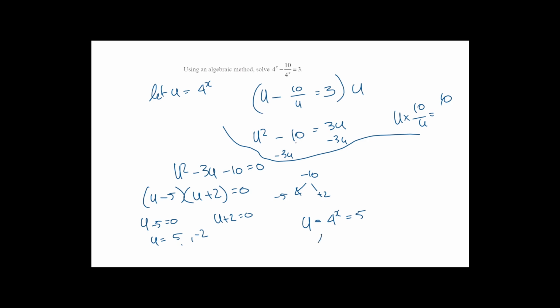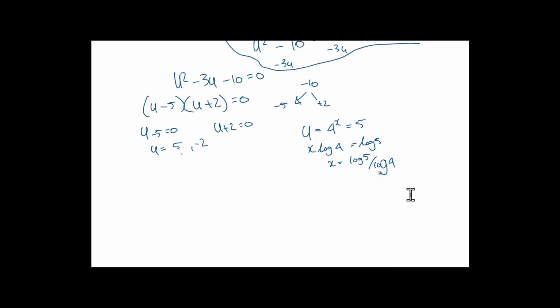So if we take the log of both sides, the x comes out the front. So x is going to be equal to log 5 over log 4. That's going to be a solution. A log over another log is a solution.